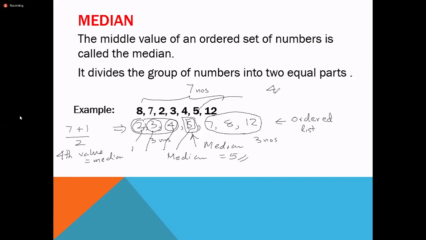This 4th came from taking the total number of values plus 1, divided by 2. If n values are given, then (n plus 1) divided by 2. But if n plus 1 becomes an odd number, then let's see how to handle it. This is not for a frequency distribution, just for a simple set of numbers.